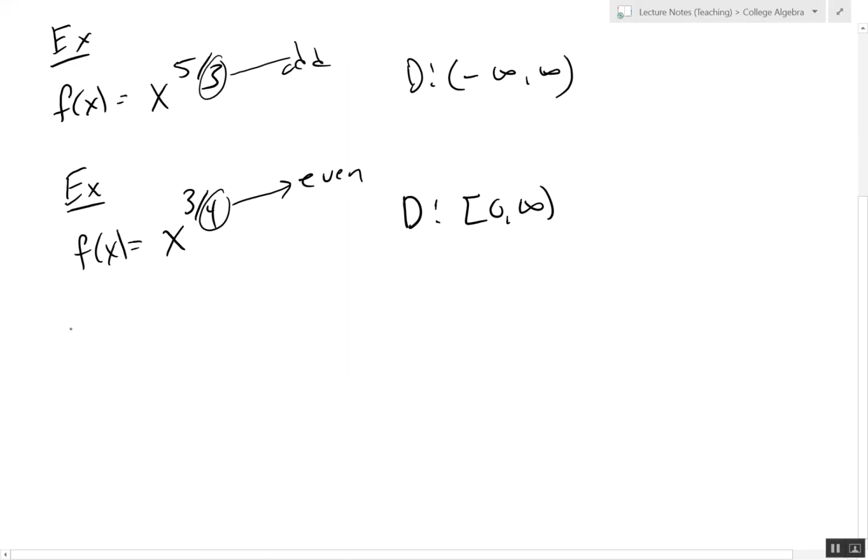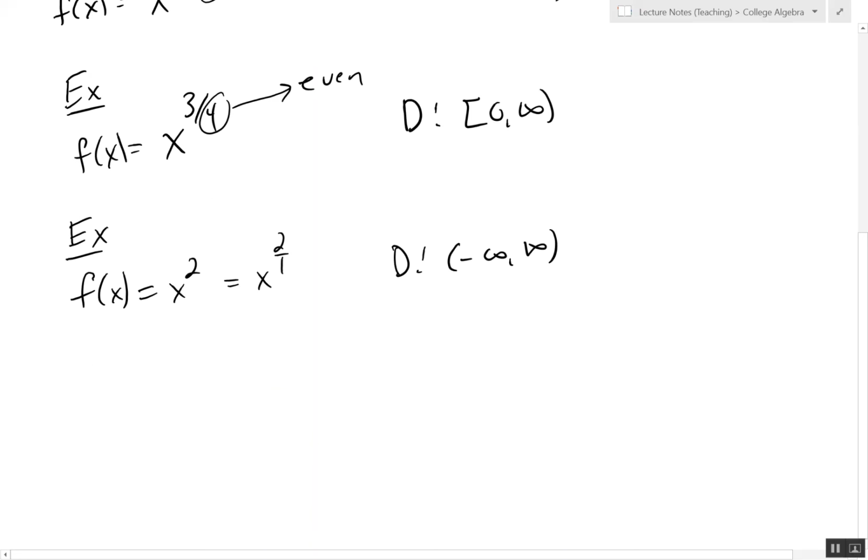Notice that all our normal functions like f of x equals x squared work with this, because really this is x to the 2/1 power, and so its domain is all real numbers. And then for an example of the other type, we have f of x equals x to the pi power, and the domain here is again 0 to infinity, since pi is an irrational number.